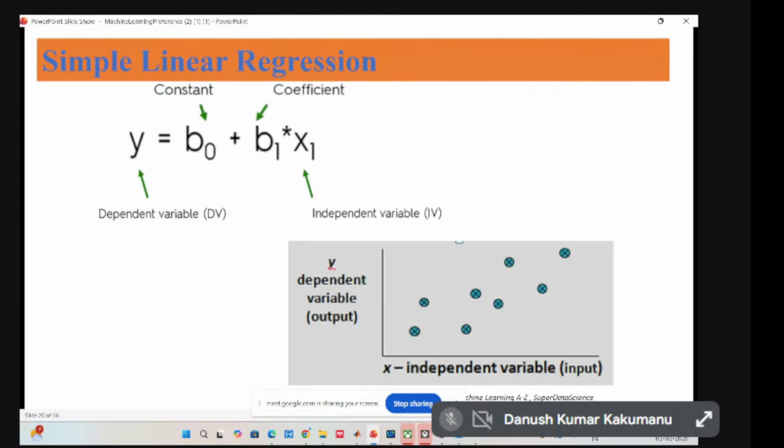The constant coefficient, the output variable. Types of regression.